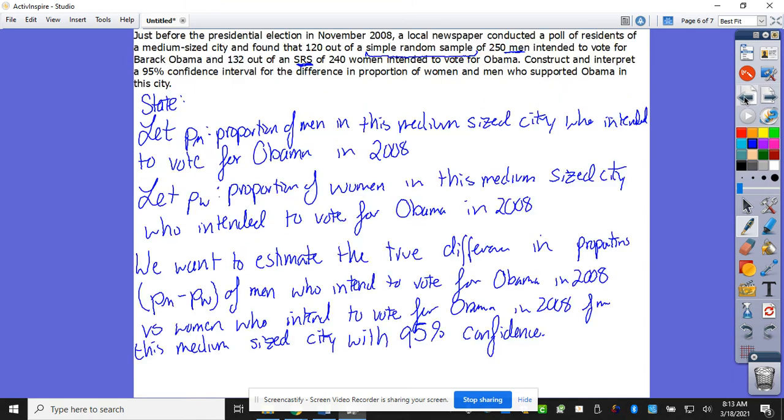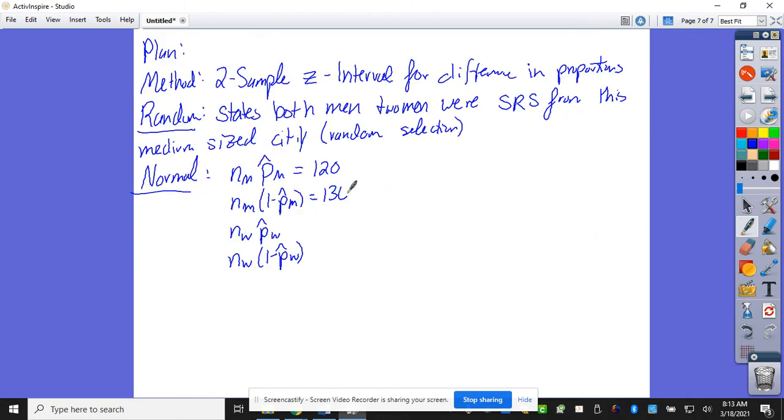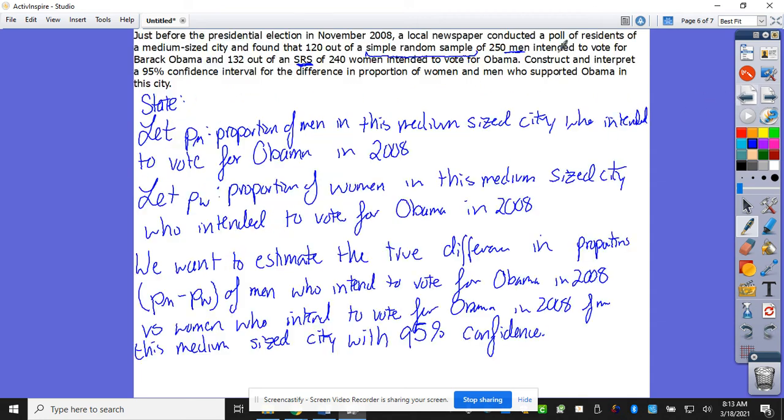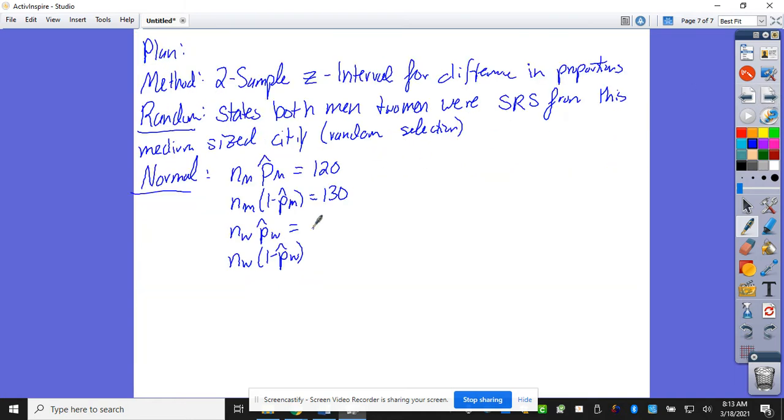So out of 250, that leaves 130. For women, it was out of 240 and it was 132. Out of 240, so 108. And each of these were greater than or equal to 10.